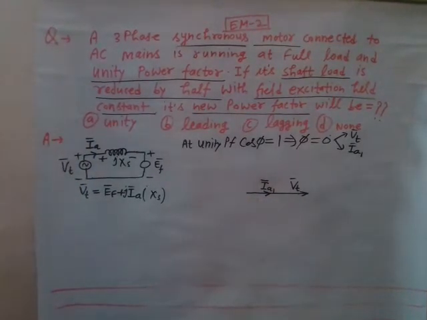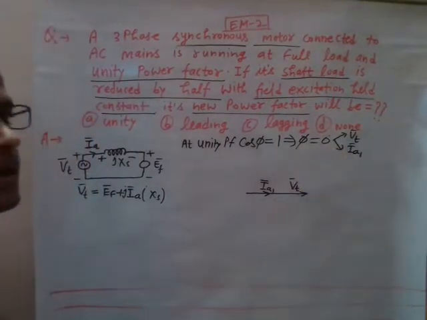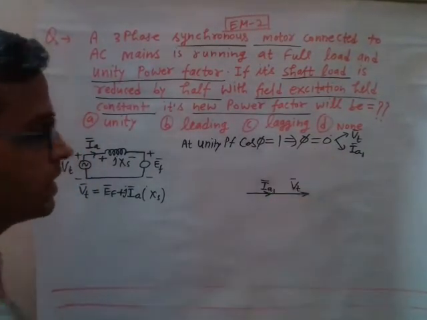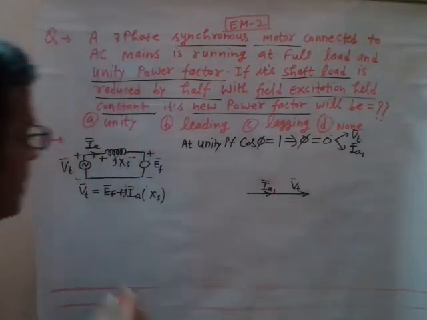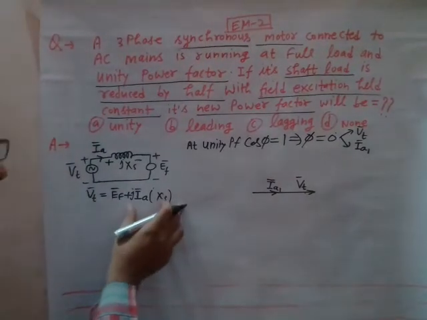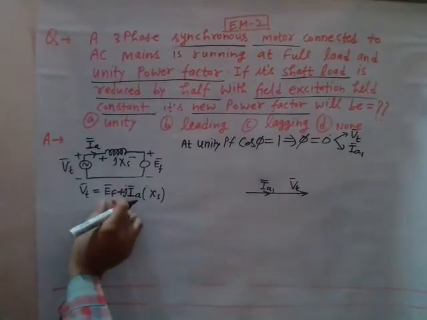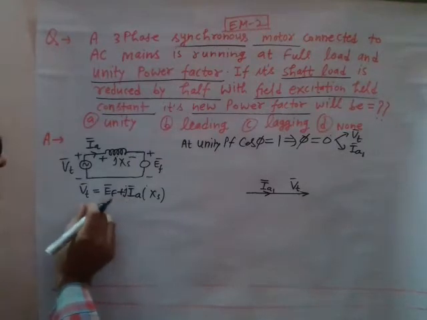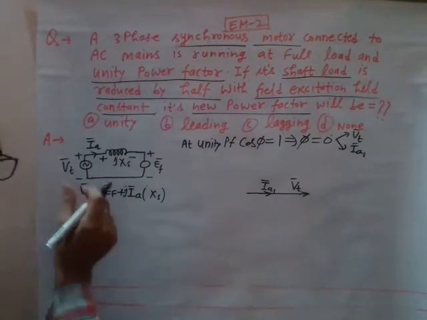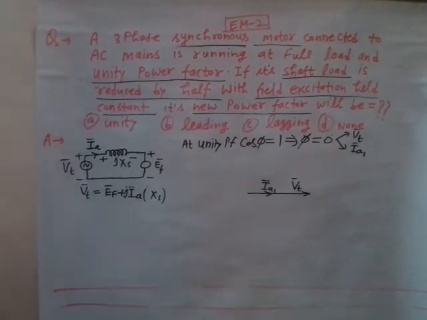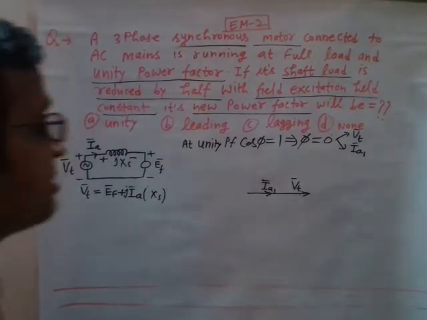Now if I add the phasor j IA Xs to the excitation EMF phasor, I will get the terminal voltage phasor.